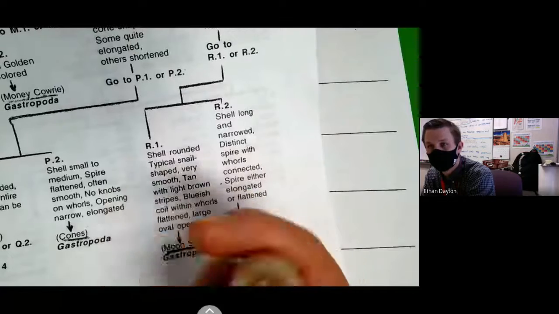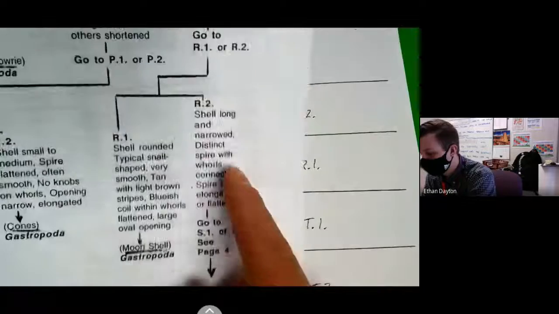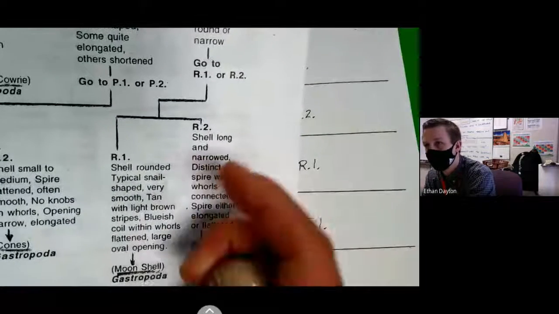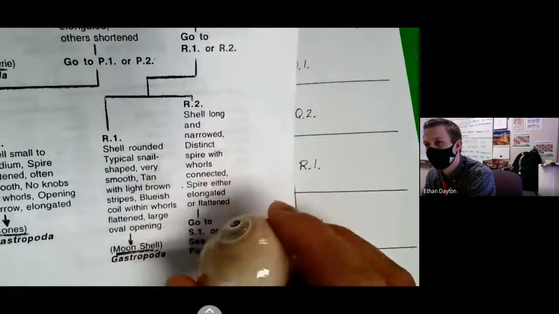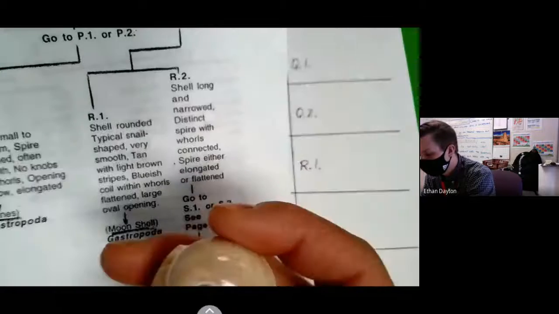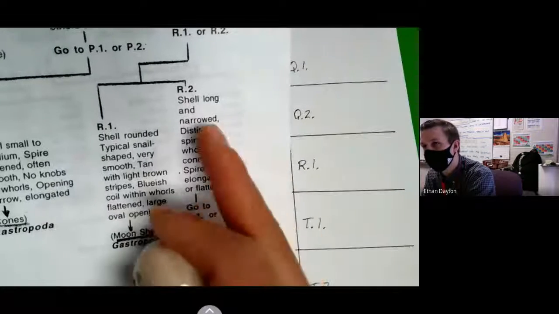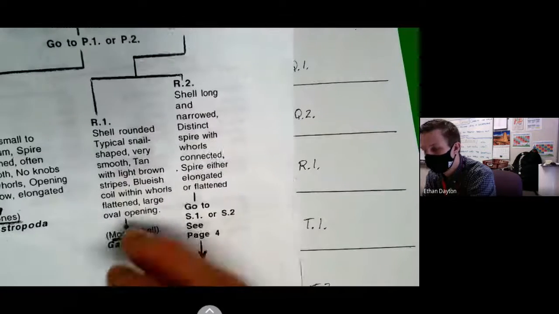Okay, but we have to double check. Let's go to R2. Is the shell long and narrowed? Is it distinct spire with whorls connected? Is the spire elongated or flattened? It's not long and narrow. So definitely not R2. It is R1, and it is a moon shell.